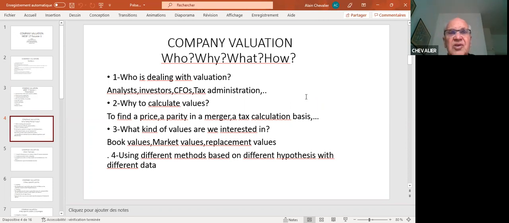So their relation with the shareholders is at least partly based on the recurrent increase of the value of the company.